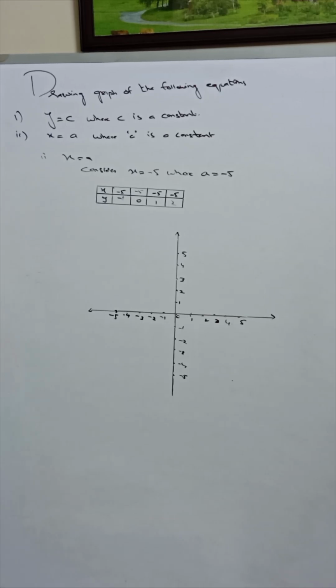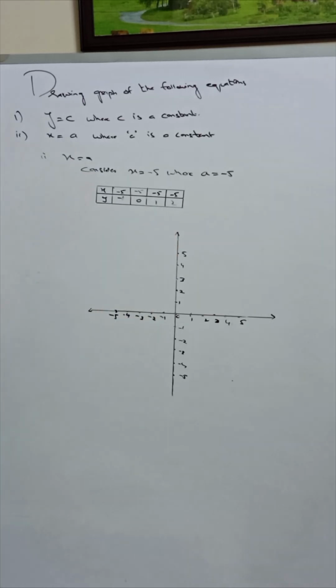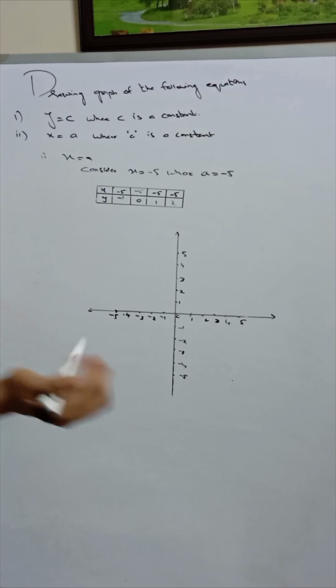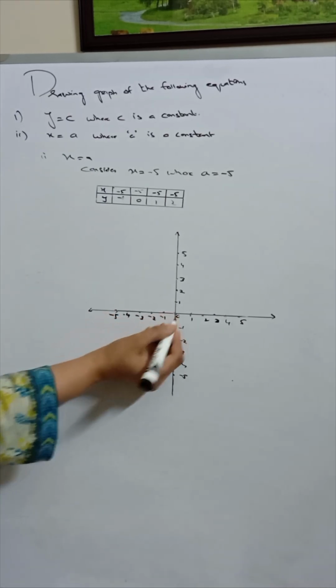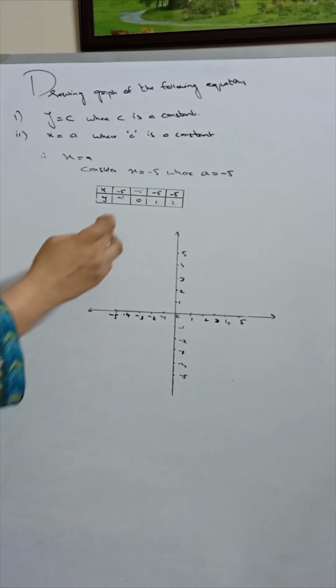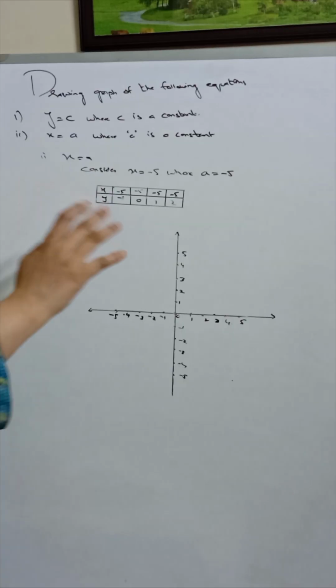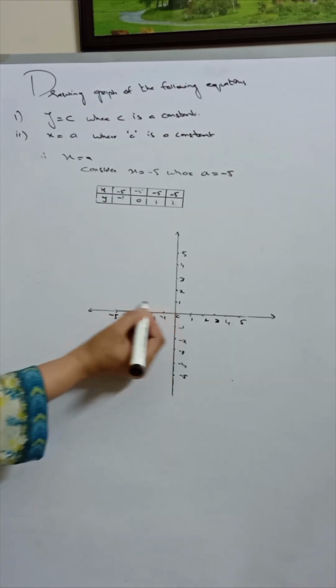Alright, don't be confused. Whenever you have to represent any equation on the graph and x is constant, x does not vary, the y points are chosen by myself. What will be the value of y? Let's start: x equals -5, y will be 0. This is the point where x equals -5. Simple. And if y is 1, what will be the point? x is this and y is this.